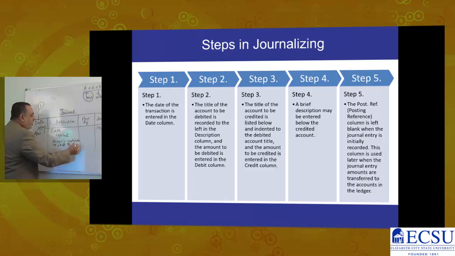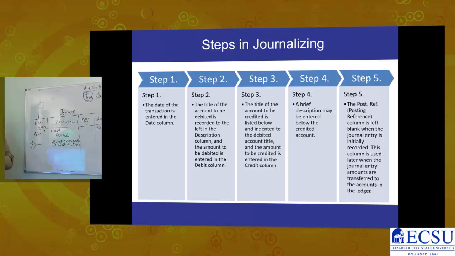Now, in the present times, it has become redundant because we do computerized accounting, so it's easier to track why this journal was made. That's why we don't really enforce it. But when you are talking of a journal, this is one part. This is your narration. So that is step number four.